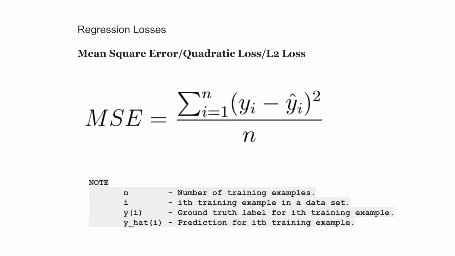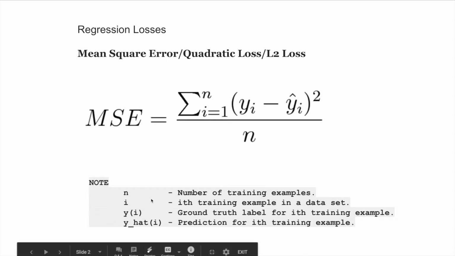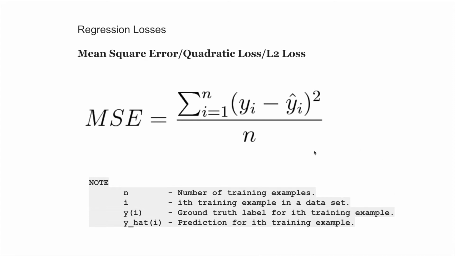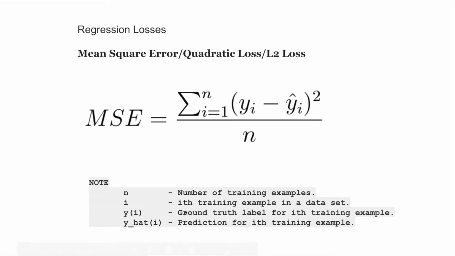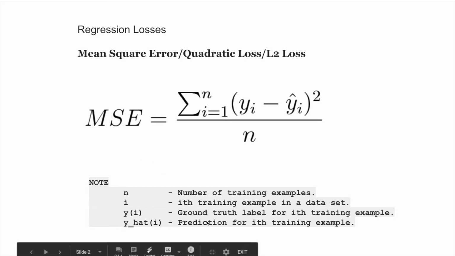First regression loss is called L2 loss. You have heard about the mean square error function, the quadratic loss function, and this is the mathematical formula for it. n is the number of training examples, i is the ith training example in the data set, y_i is the ground truth label for the ith training example, and y hat is the prediction for the ith training example.